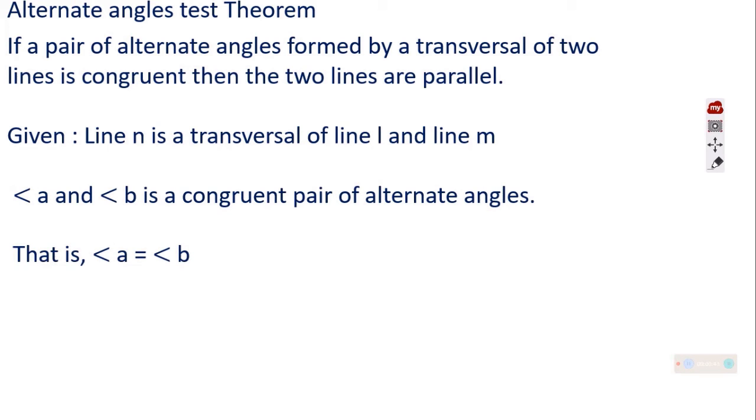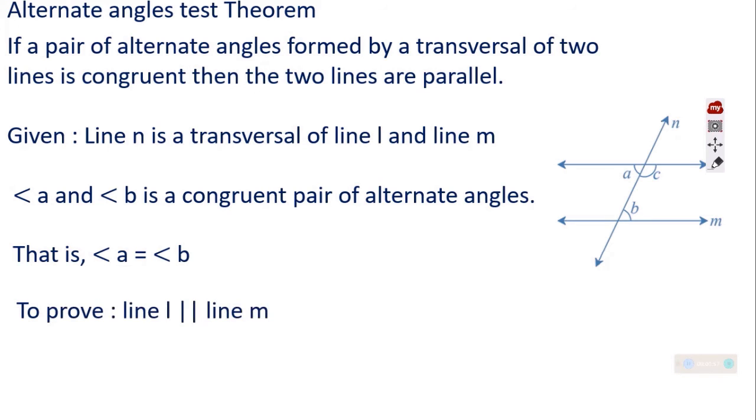Two lines, there is a transversal, and the alternate angles are congruent. Angle A is congruent to angle B, which is given, and they are alternate angles because they are on either side of the transversal. So we can prove that line L is parallel to M. For that, we can say that these are given as equal, correct?